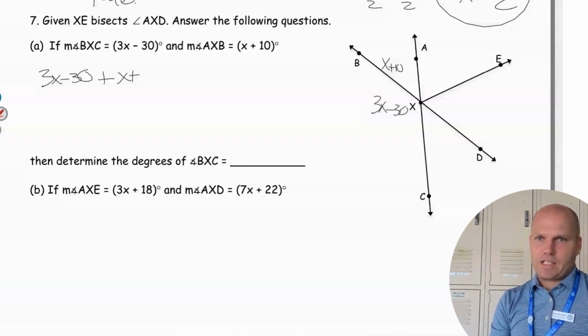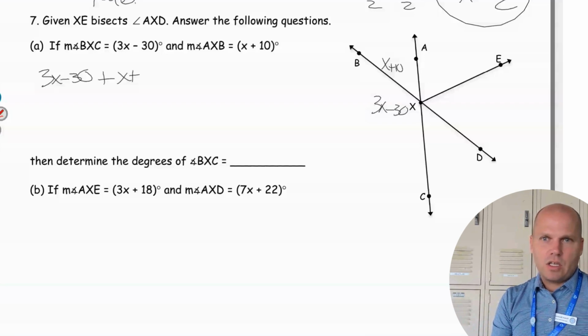We got BXC is 3x minus 30. That's here. We got AXB is x plus 10. What do we notice about these two angles? They are supplementary. They are adjacent and they create a straight line. So 3x minus 30 plus x plus 10 equals 180.